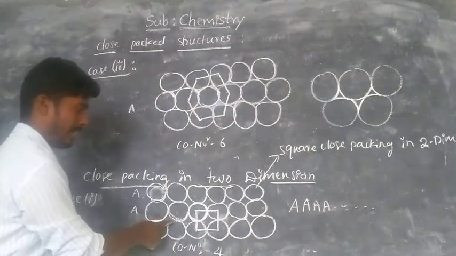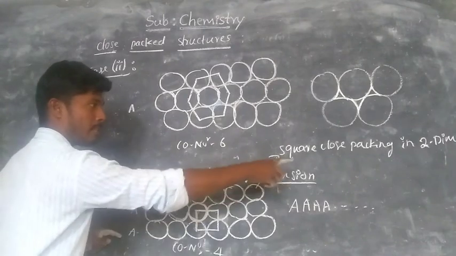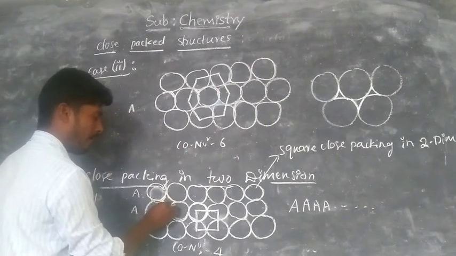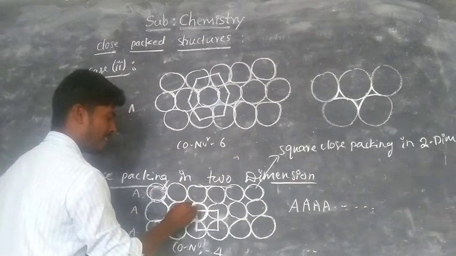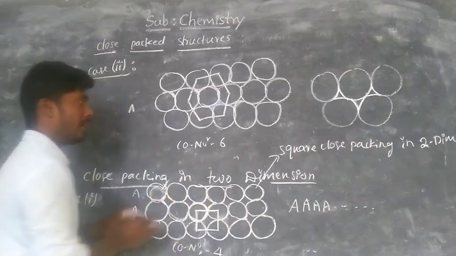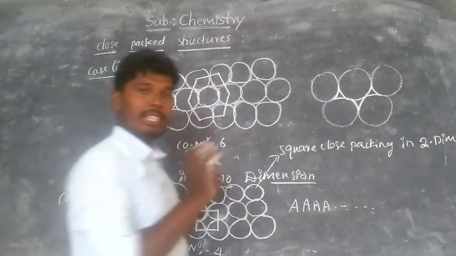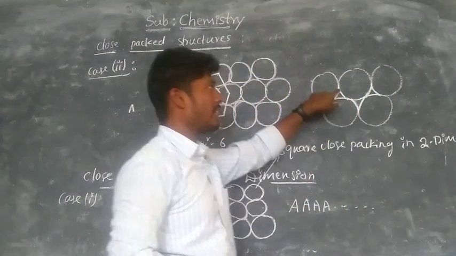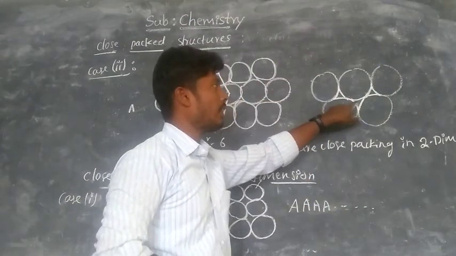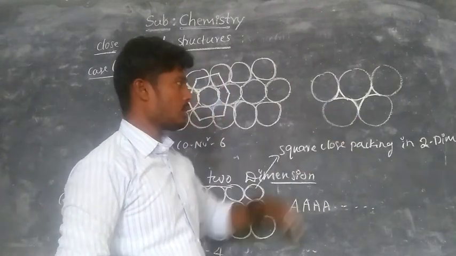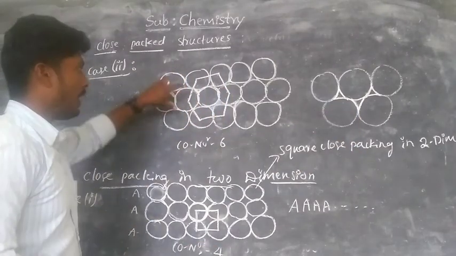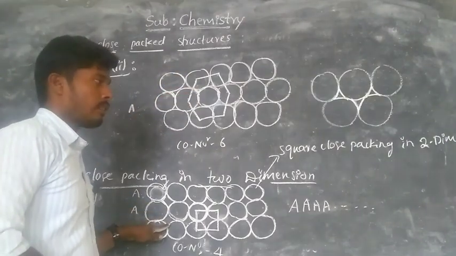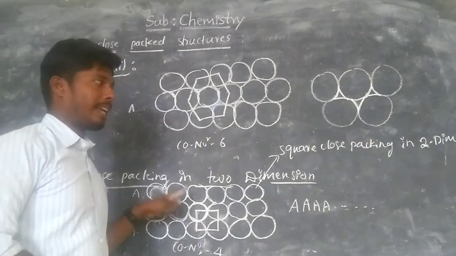But in square close packing in two dimensions you can see only one type of square, all identical, whereas in hexagonal close packing you can see two types of triangles, one with the head above, top side, and one below. Therefore hexagonal close packing is more efficient than square close packing in two dimensions.